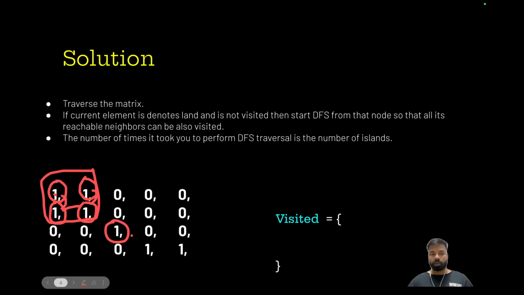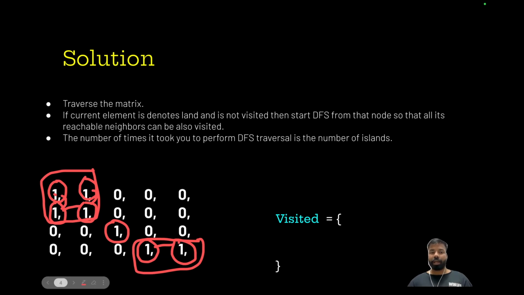Okay, so after performing the second DFS call, I will move forward to the next nodes, and this time I come to this one particular node, and here I see this is still not visited, and it has value 1, so I can start doing DFS on this. So I'll again do DFS, and then I'll visit its neighbor. And in this third DFS call, I visit all these two nodes.